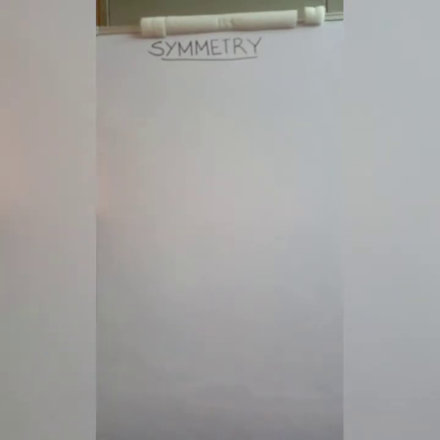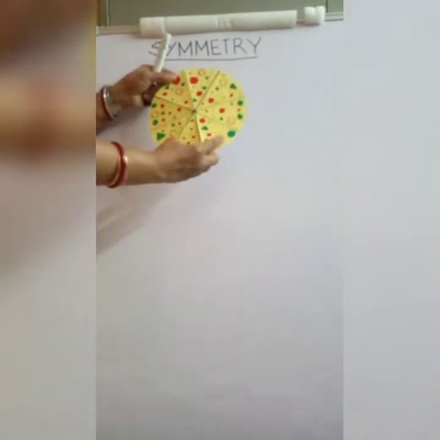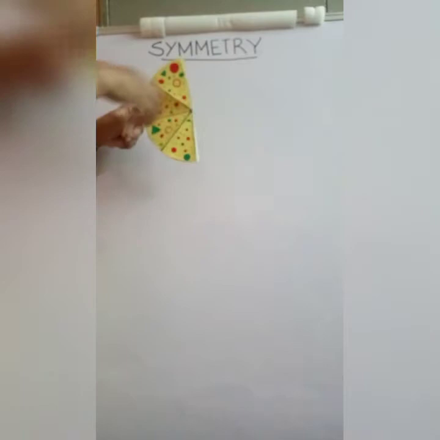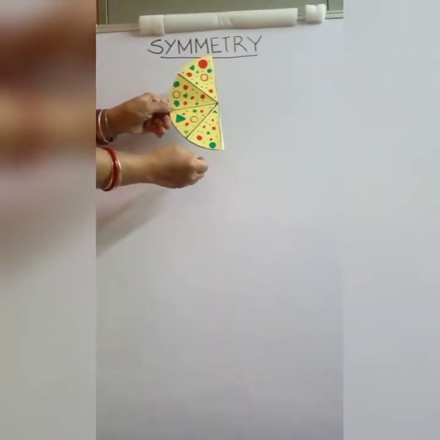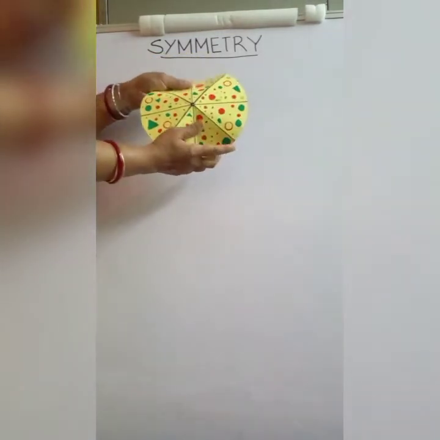Let's start with a circle. Children, this is a circle. See, we can fold it from any number of lines. Here, we can fold it from here. We can fold it from here.